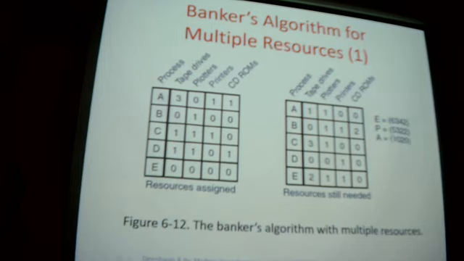You will find that 3 minus 3 is 0, 4 minus 2 is 2, 2 minus 2 is 0. So the first one is the total number, the second one is the assigned number, and the last one is the available number, for each type of resource.